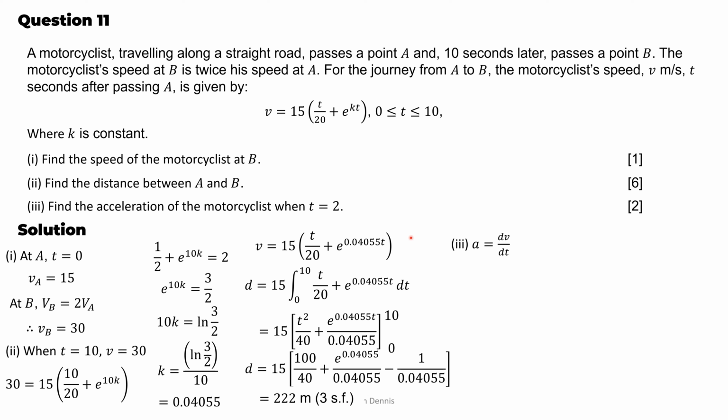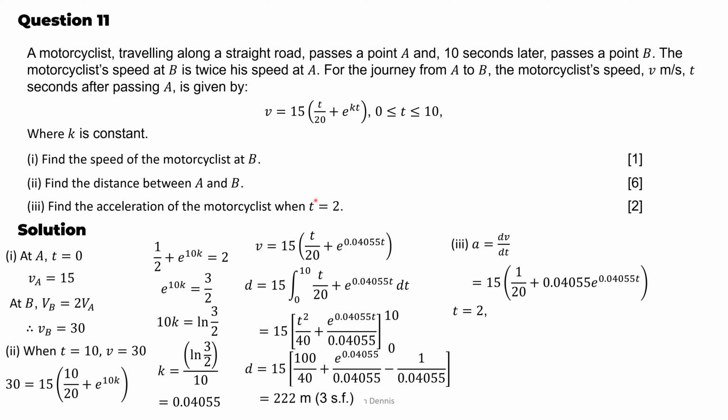Okay, for 3, we want to find the acceleration. So we know that acceleration is the differentiation of the speed. So a equals dv over dt. By differentiating the speed equation here, we get 15 bracket 1 over 20 plus 0.04055 e to the power 0.04055 t.